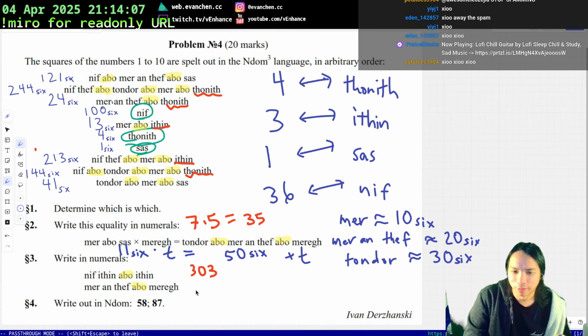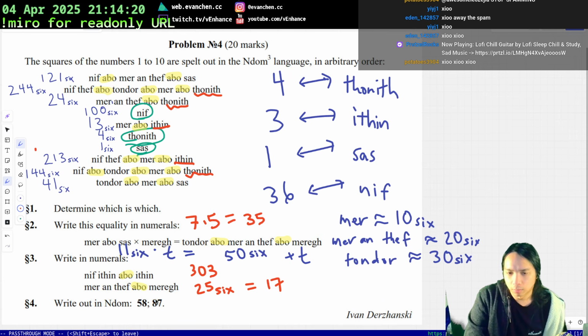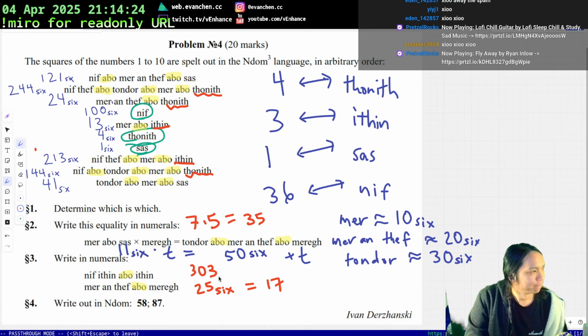Okay, but more on that we know. This is 22, 5 in base 6. So this is 17. Nifithin apoitin is what? Is nifithin? Like I want it to be 303. I can't really tell for sure because none of the numbers here are big enough to test that theory.